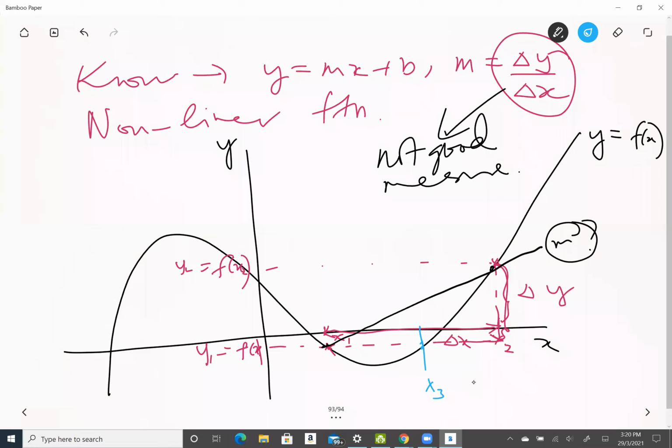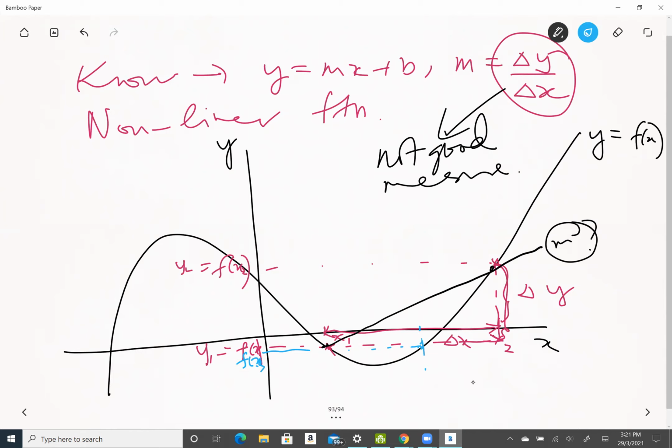So you get the change in x divided by the change in y, delta x divided by delta y. Very, very small, not good. So I don't use that one because we cannot see it. So I change to another value, something that you can observe.